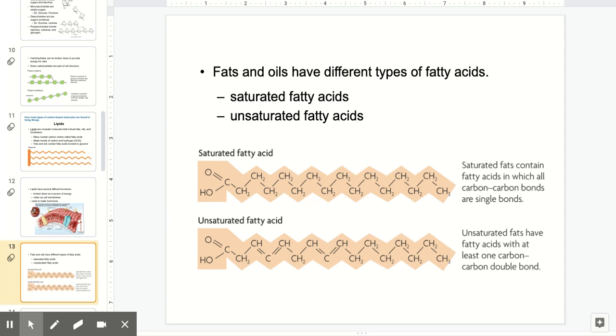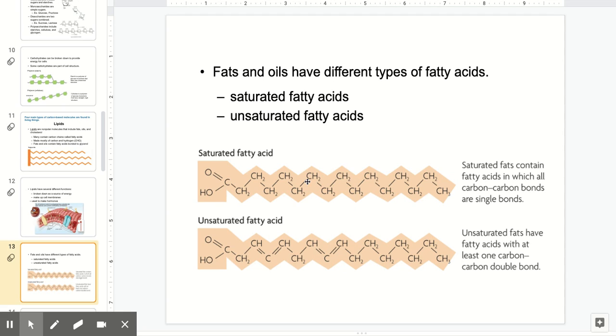You also may have heard of saturated versus unsaturated fatty acids. Basically, fats and oils have different structures. A saturated fatty acid is a zigzag that's all carbons and hydrogens with single bonds.